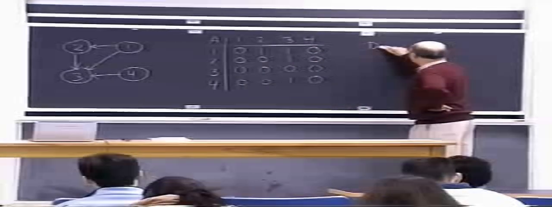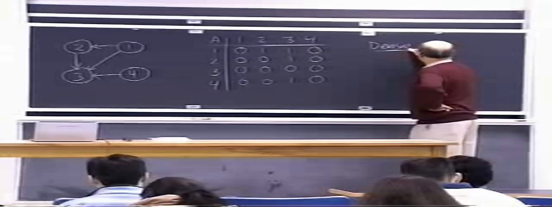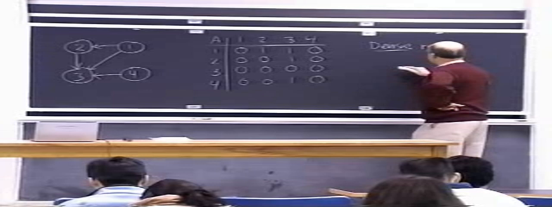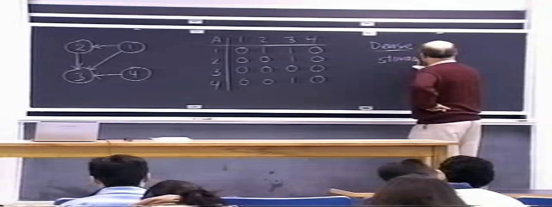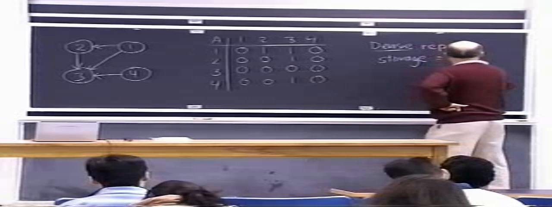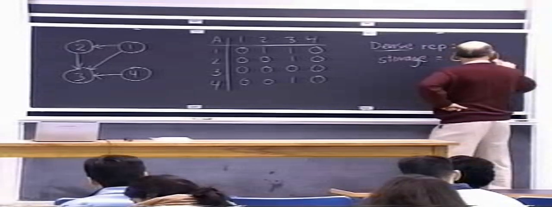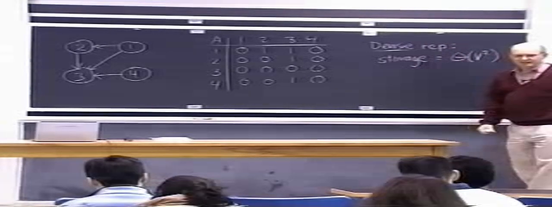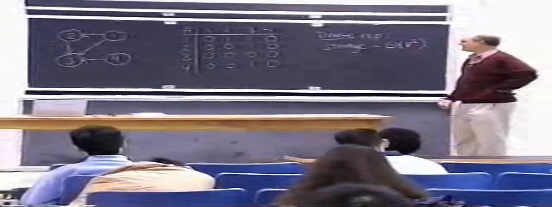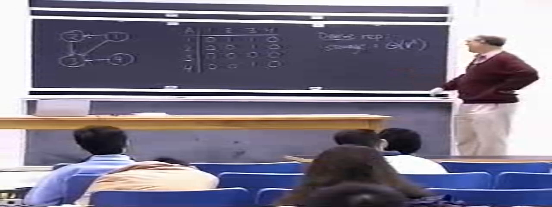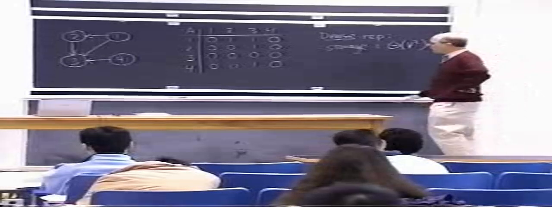Now this representation is called a dense representation because the storage for this is order v squared. Okay, because I have to represent everything. And that's appropriate for some problems, but for some graphs, most of the elements here are 0.